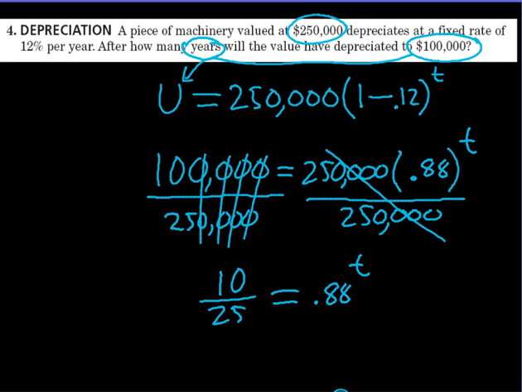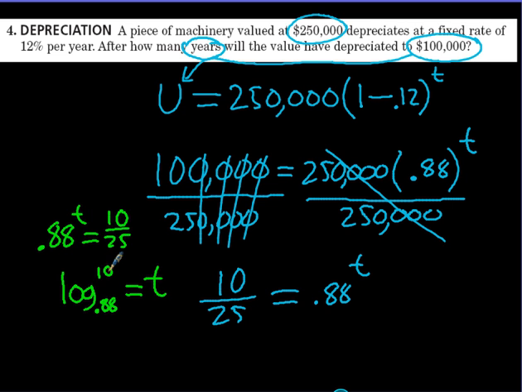So I'm just going to rearrange the equation a little bit. 0.88 to the t power equals 10 over 25 means that, based on the definition of log, what's the base? 0.88. What's the exponent? t equals 10 over 25.